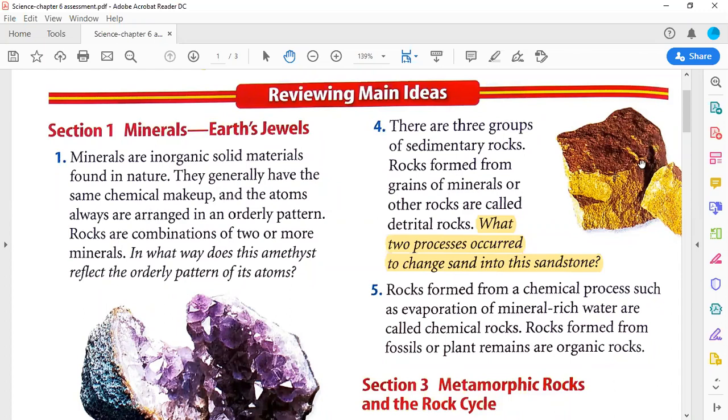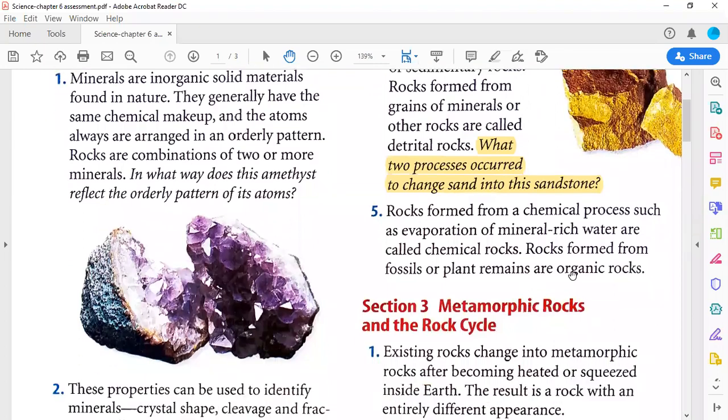Okay. Number 5, it says raw. Marlon, go ahead and read. Rocks that form from a chemical process such as evaporation of mineral-rich water are called chemical rocks. Rocks formed from fossils or plant remains are organic rocks.